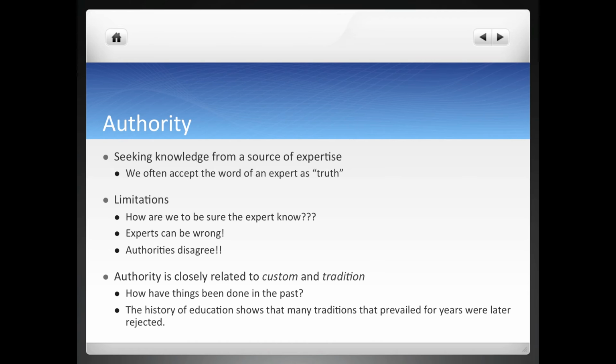One that comes to mind, I don't know if any of you remember the dunce cap. If you did something silly in class, you'd have to go stand in a corner and put the dunce cap on, and it was supposed to somehow psychologically motivate students to do better. Well, research shows later on that that's ridiculous, and it did nothing more than humiliate most students and separate them from the learning process.